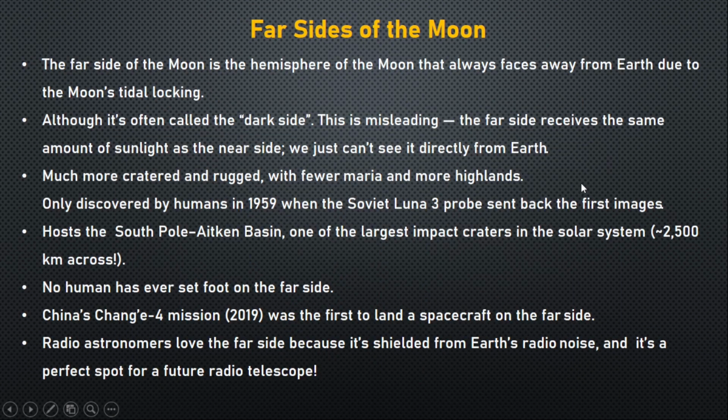So the far side of the moon refers to the side that is forever locked away from us due to the moon's tidal locking. Now, some people erroneously call this the dark side. They assume there's no light hitting that far side. But there is light. Like I said, the moon makes one spin in 29.5 days.